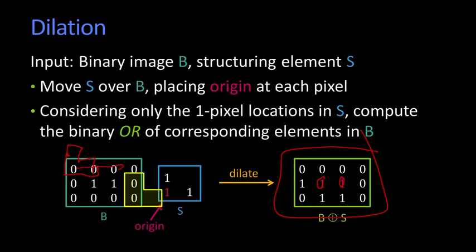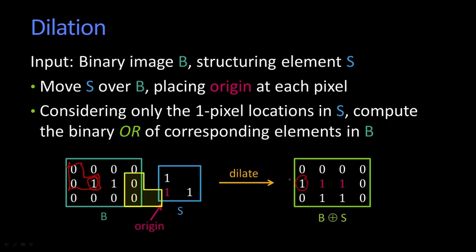In fact, as I slide it all along, nothing is a 1, so those are all zeros, right? But when I put my structuring element here, notice it overlaps there. So this value, which is the origin for that first position, that gets a 1. And as I slide it along, that's how I get the rest of these. So that's dilation by a particular shape.